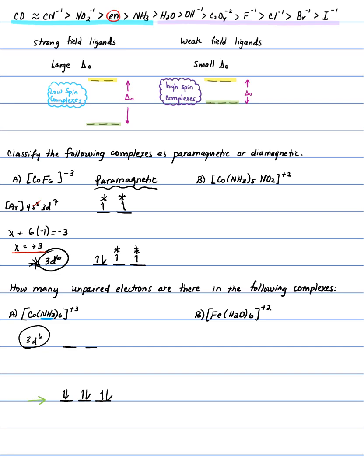All of your electrons are paired. So how many unpaired electrons? That will be 0. Since this example here, you have all electrons as pair of electrons in your orbitals. This is an example of a diamagnetic. So you can solve letter B for both problems.